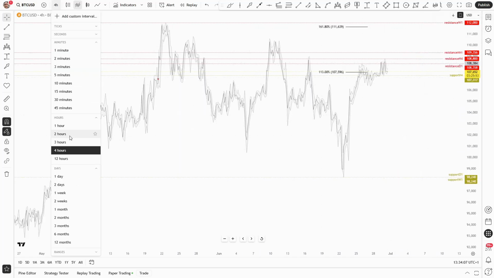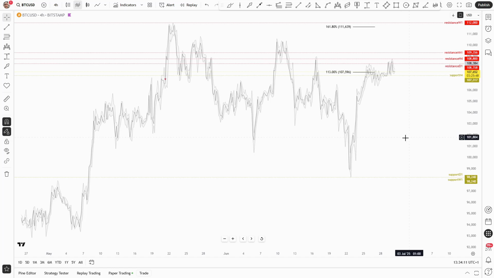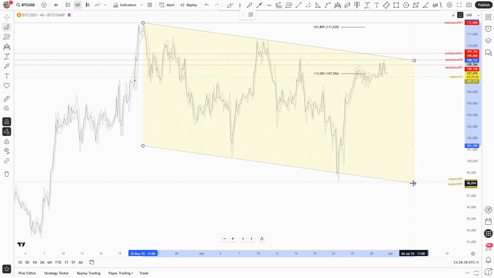We have also Bitcoin. Let's stay for now on a 4 hours time frame chart. We saw Bitcoin bouncing from the channel support, or a potential channel support, after printing a new fractal at 98,240.